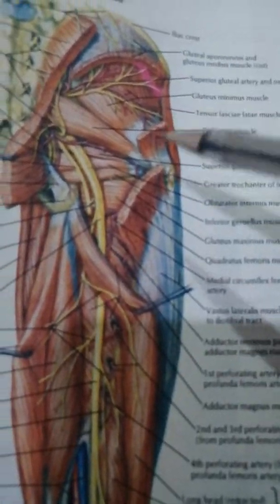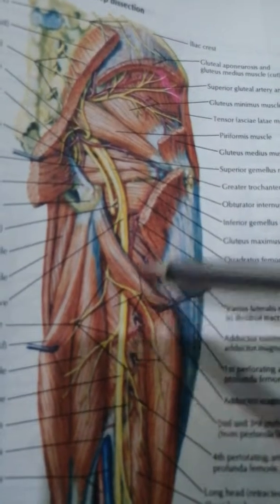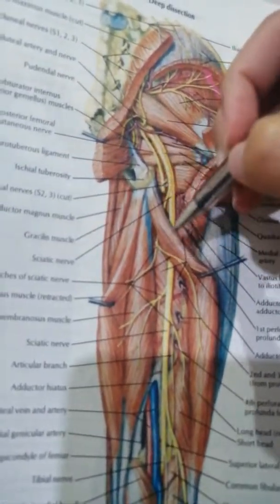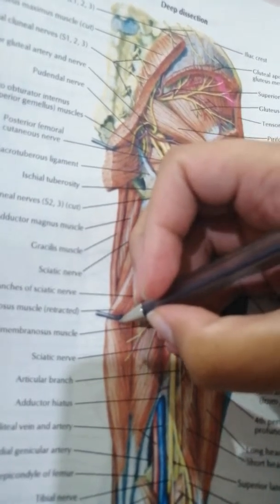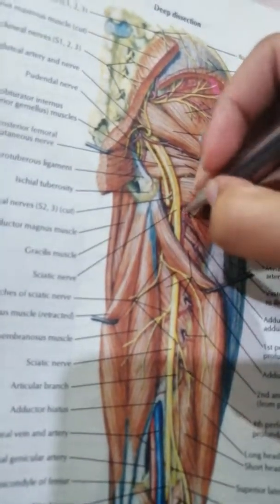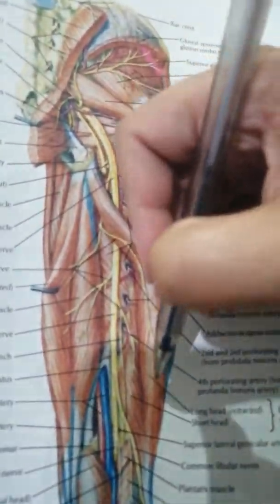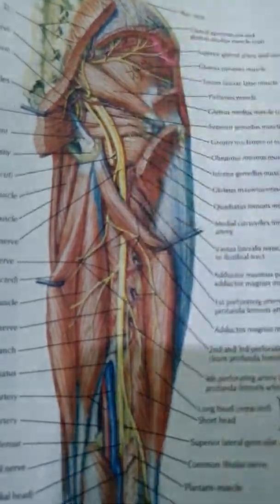One muscle I forgot is basically this one that it crosses before it enters into the thigh, that is the ischial head of the adductor magnus. And so these four muscles, that is the semimembranosus, the semitendinosus, over here the ischial part of the adductor magnus, and the long head of the biceps femoris, these are supplied by the tibial part of the sciatic nerve.